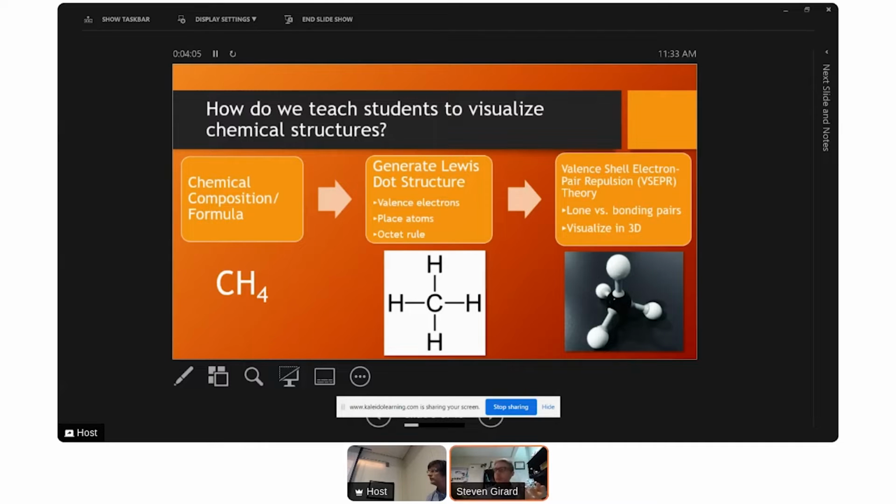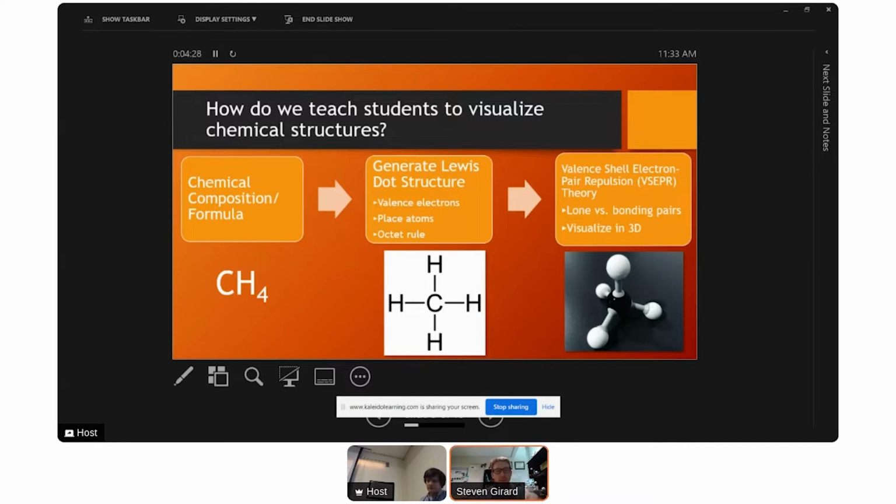So in this slide, what I'm showing are the basic ways that we teach students to visualize a very complex issue in chemistry, which is chemical structures. If you've ever taken a chemistry class before, you're probably familiar with some of the structures that you see in front of you right now.